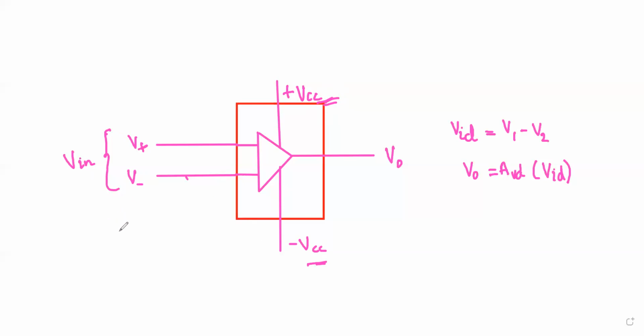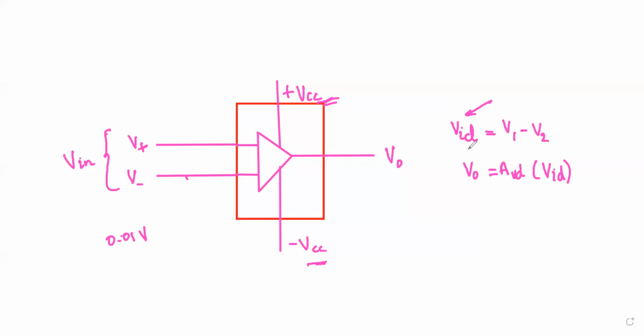Let's say you are going to give something like 0.01 volts. We will consider the difference between these two voltage inputs. This is known as VID, the differential input voltage. What the op-amp will do is give the amplification from that difference between those voltages.